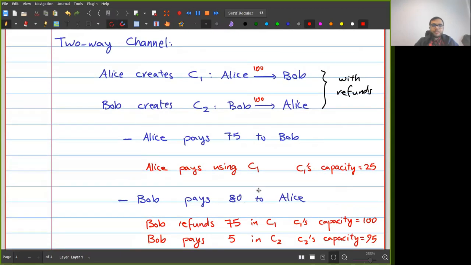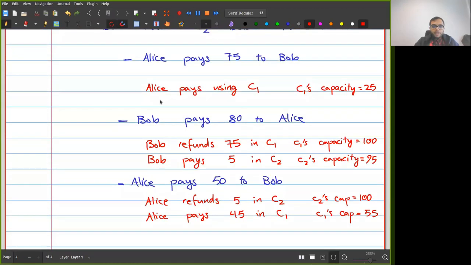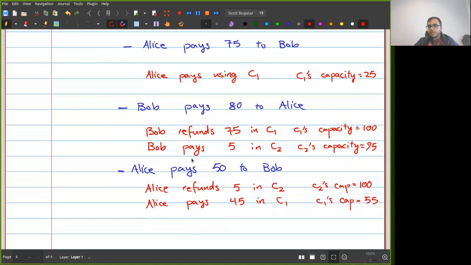Now, why is this better than the previous case? Because all of these payments and refunds are being done off-chain, right? So when they're doing these payments and refunds, they don't have to actually create transactions that go into the blockchain and then wait for them to get confirmations and also pay transaction fees. They have none of that.